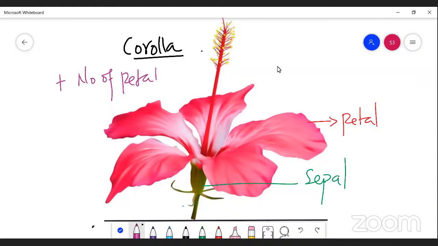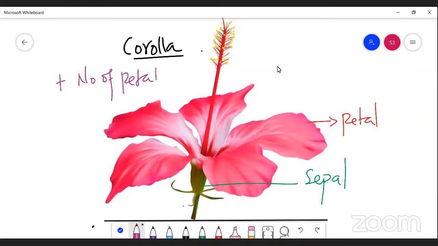Corolla is the second whorl of a flower, which is the most attractive part of the flower, brightly colored in nature, and that also attracts insects or pollinators. It helps in the pollination process, as these petals attract insects for taking pollen grain from one flower to another.